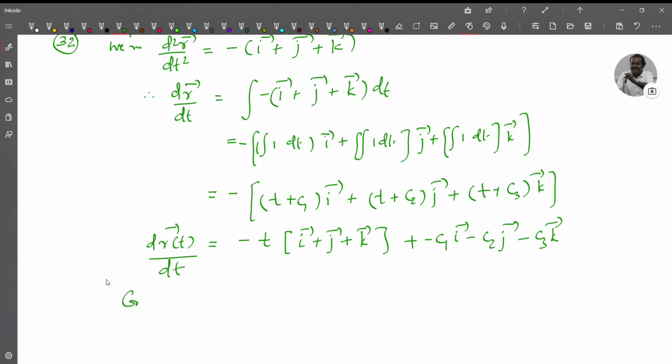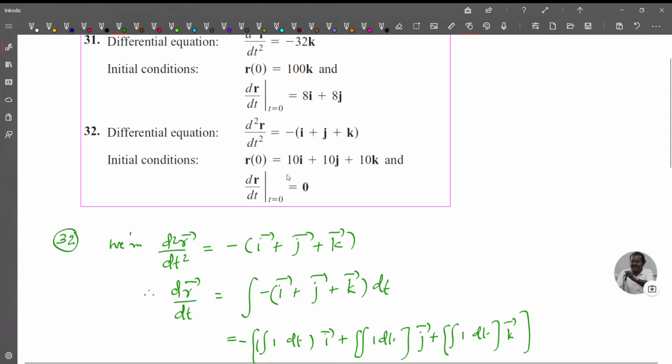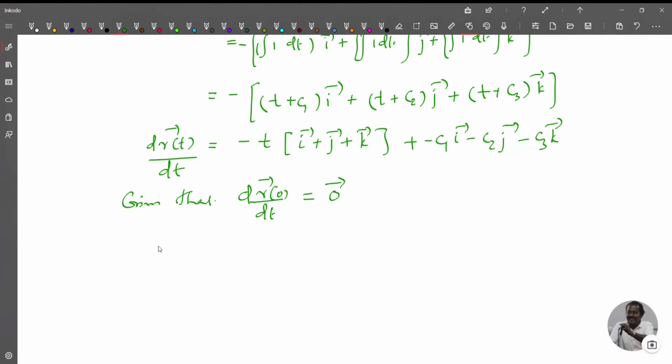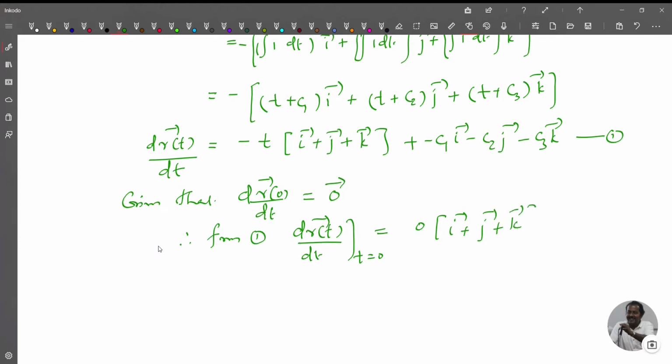Given that dr of 0 by dt equal to vector 0. From this, if you take this as equation 1, from 1, dr of t by dt at t equal to 0 equal to 0 into i plus j plus k minus c1 i plus c2 j plus c3 k, that is equal to vector 0.